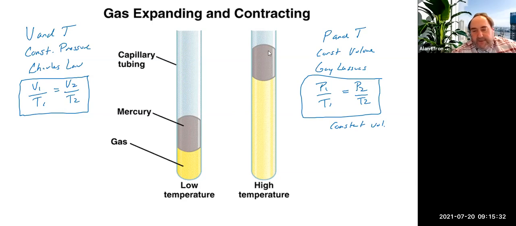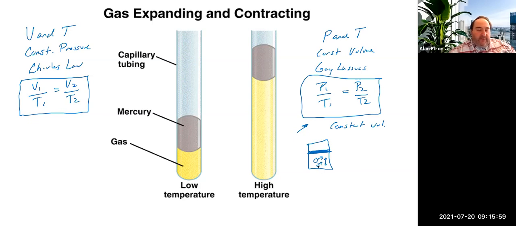So let's take a look at what we expect to happen under these situations. In this situation, if we have a constant volume for the container, which means nobody's moving, that is the size of the container.